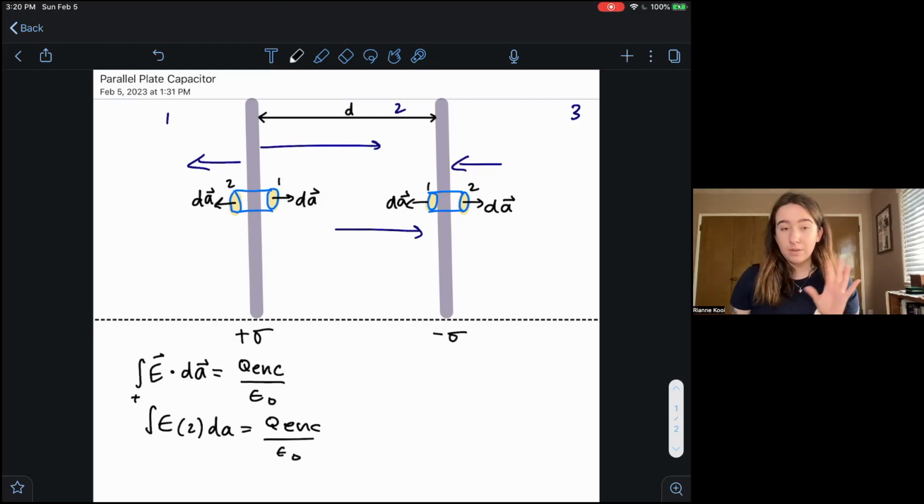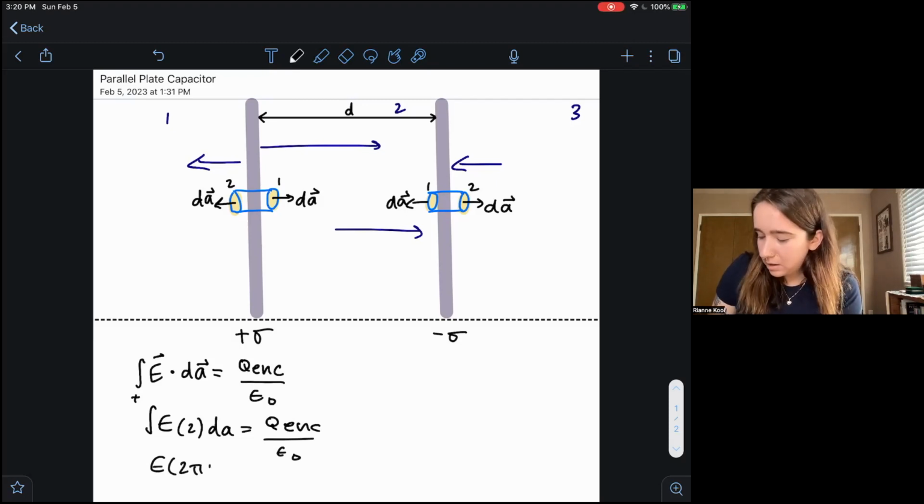Now, like I said, E is a constant, so we can take out that E, and we're left with 2 times the area of our surface, which is just a circle, and we know that is pi r squared. So we're left with E 2 pi r squared equals Q enclosed over epsilon naught.